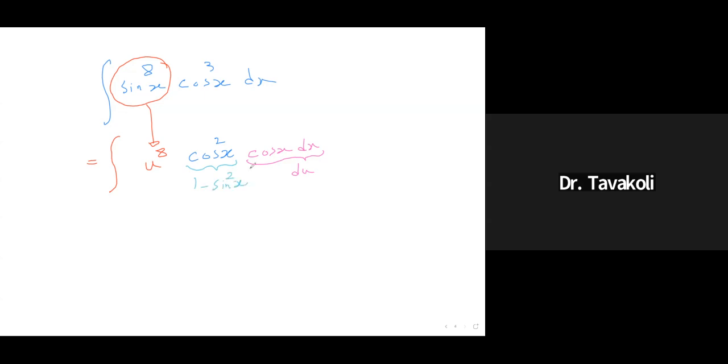And we already know that u is sine x. So let's rewrite the whole thing. So I have u to the 8 times 1 minus u squared, since sine squared is u squared, and du.